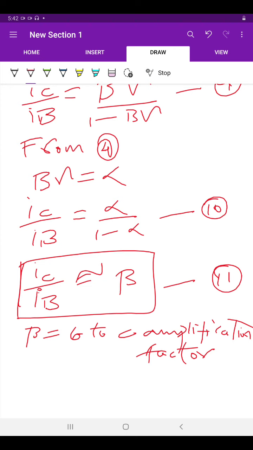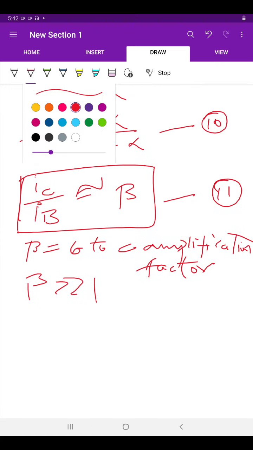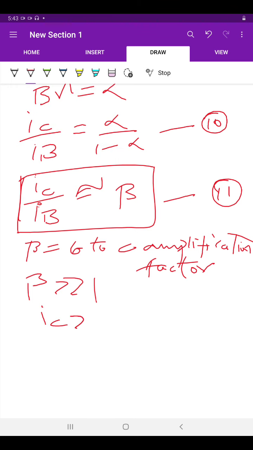Since alpha is nearing unity, beta can be large, and the collector current is large compared to the base current. So if beta is far greater than 1, then we can say that the collector current IC is far greater than your base current IB. So the amplification factor IC by IB is almost equal to beta. Thank you.